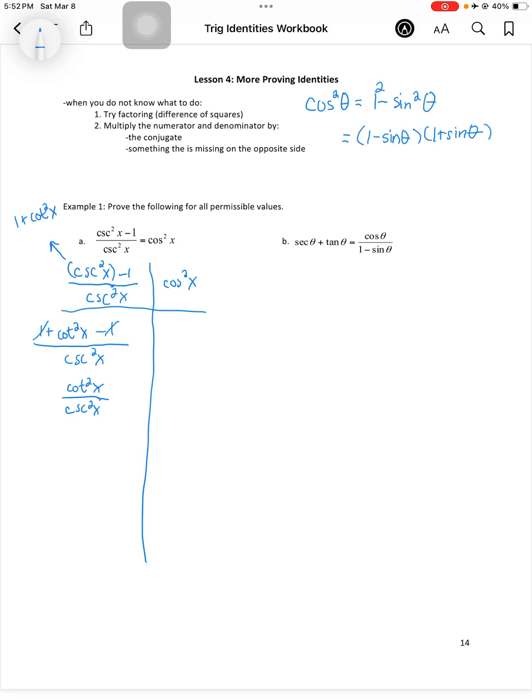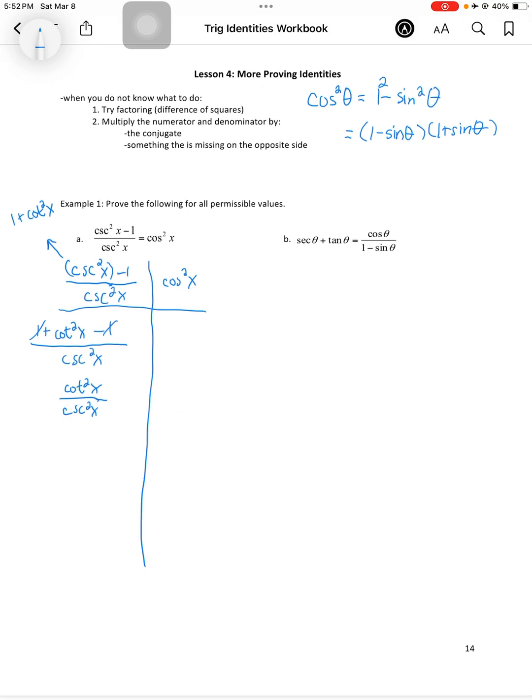Here, cotangent squared x is the same thing as cos squared x over sine squared x. Be careful with x's and thetas. Do not get them mixed up. And cosecant squared x is just 1 over sine squared x.